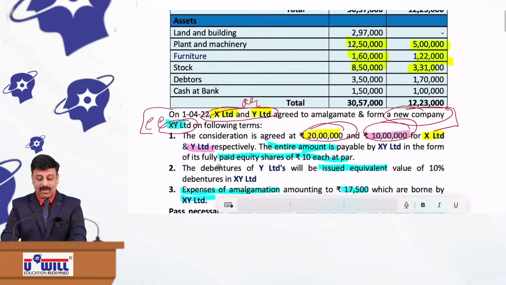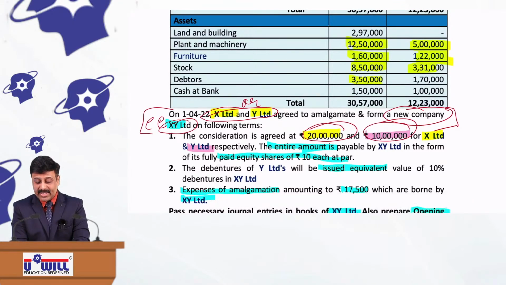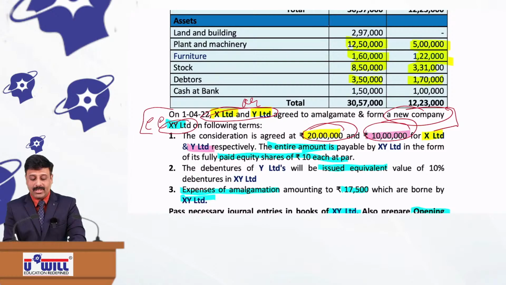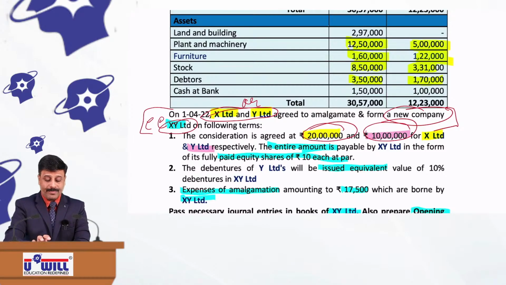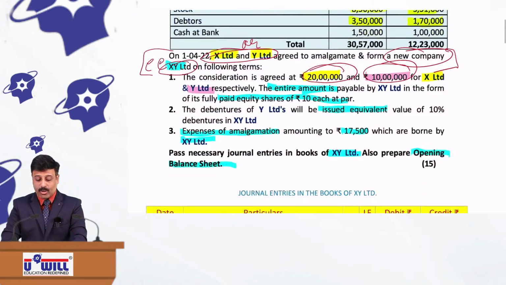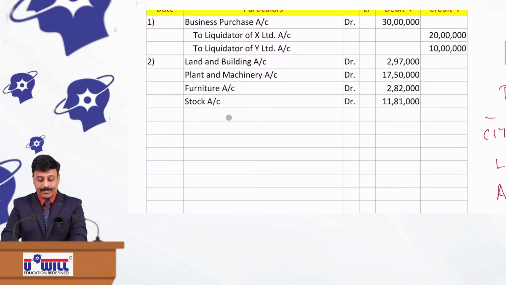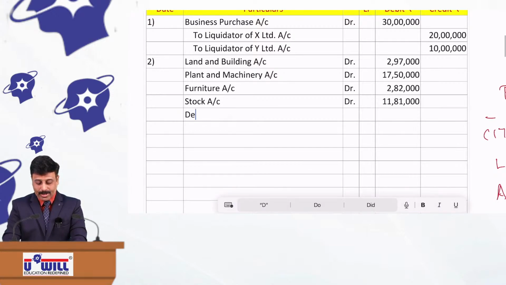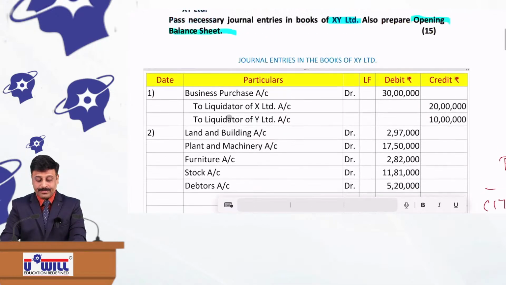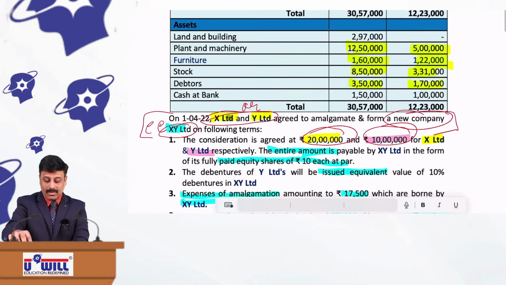Then after stock we have debtors. Debtors are 3,50,000 plus 1,70,000, so 5,20,000. Okay, debtors will be with 5,20,000. Debtors account debit 5,20,000. Then after debtors we have cash at bank.